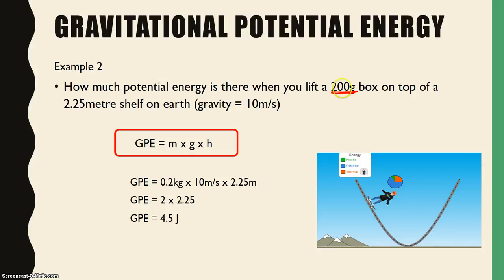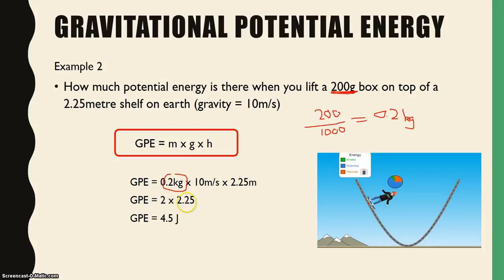Now we've got a 200 gram box, which would be equal to 200 divided by 1,000, because 1,000 grams equals a kilo. So a 200 gram box would equal 0.2 kilograms. So that's why 0.2 kilograms is written there, times 10 meters per second, times 2.25 meters of height.